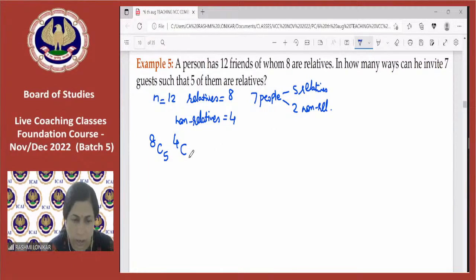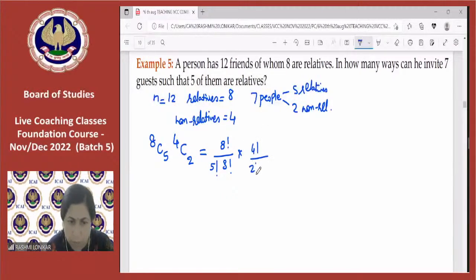So how much is this? 8 factorial upon 5 factorial into 3 factorial. How did I get 3? 8 minus 5, 3. Into 4 factorial upon 2 factorial into 2 factorial.